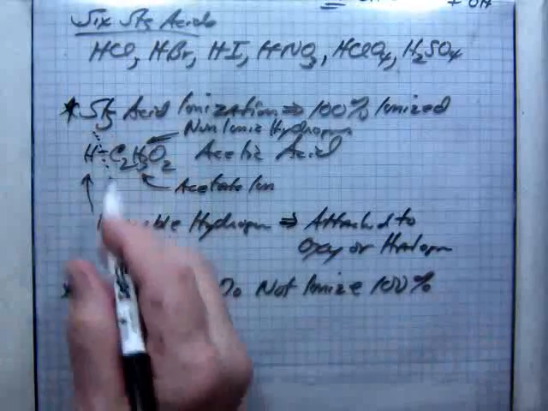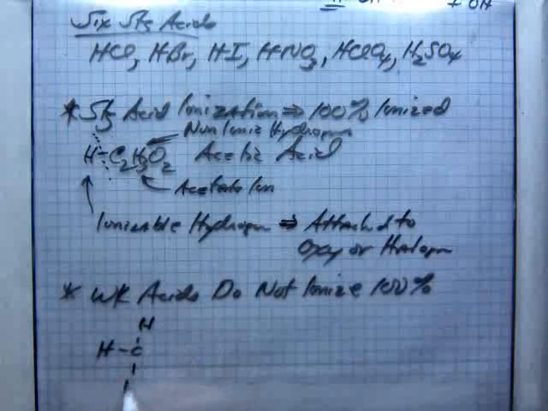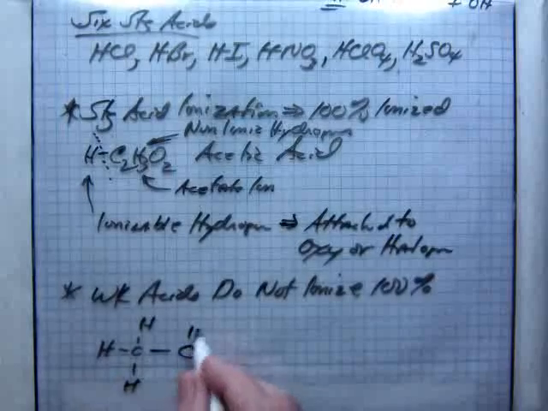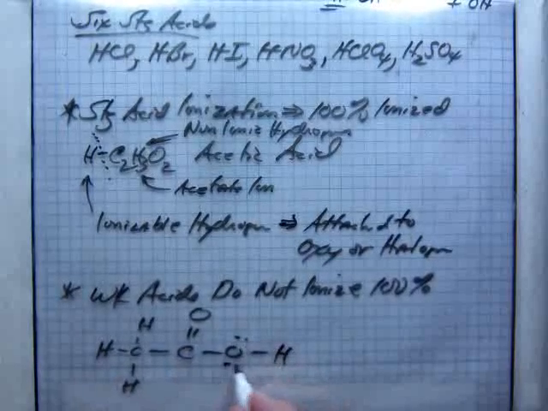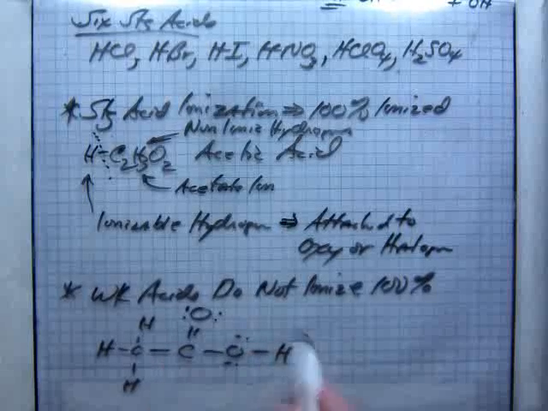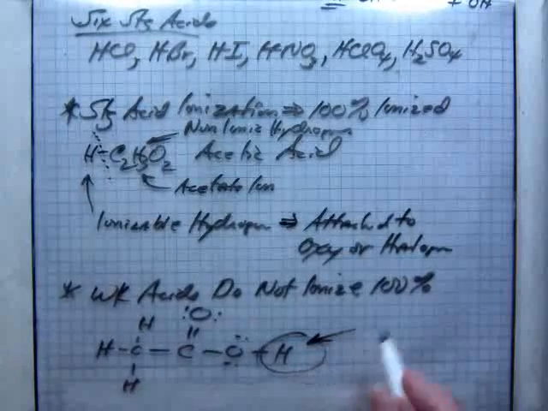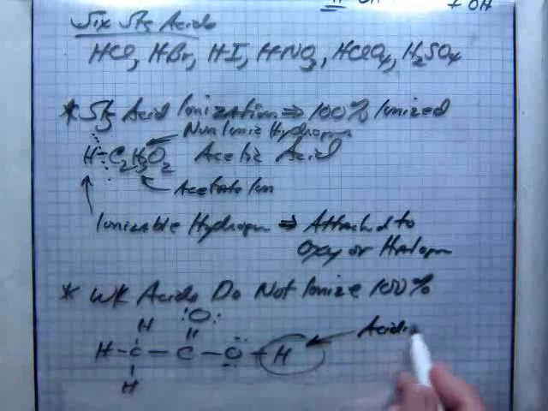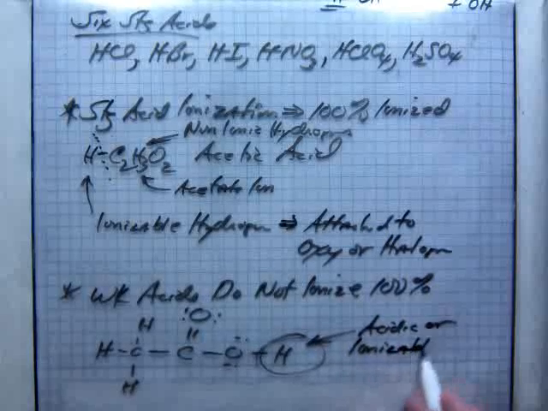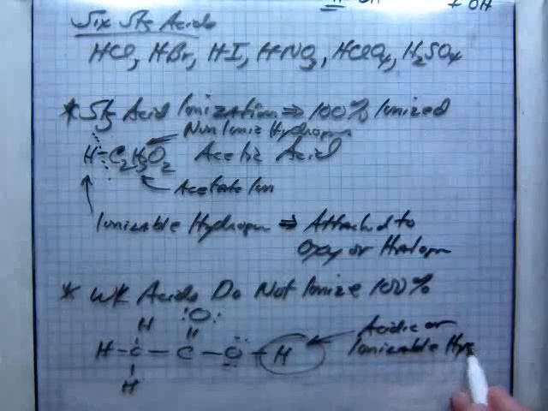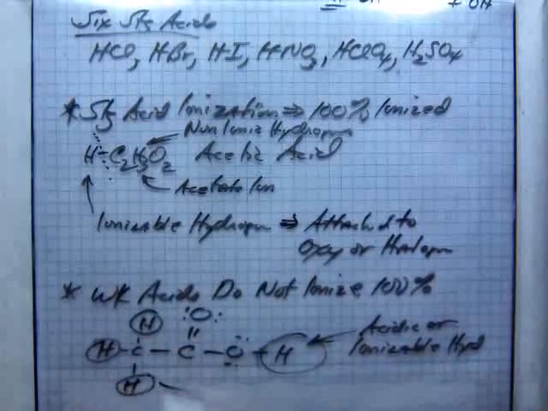Now, looking at acetic acid, it looks like this in structural form. So what I just said was the hydrogen attached to oxygen is your acidic, or ionizable, hydrogen, whereas the 3 attached to carbon are non-acidic.